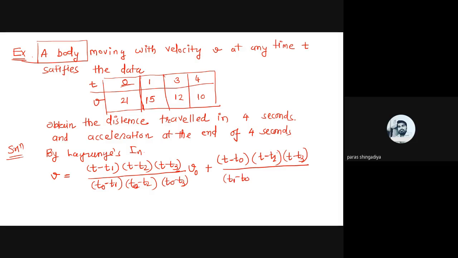(t1 minus t0)(t1 minus t2)(t1 minus t3) into v1.